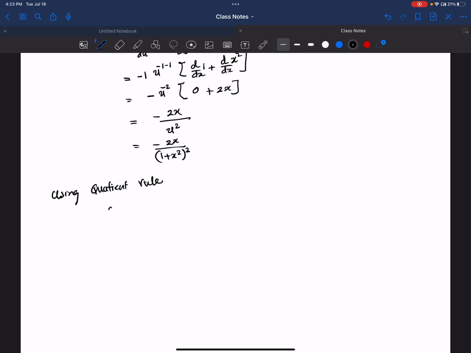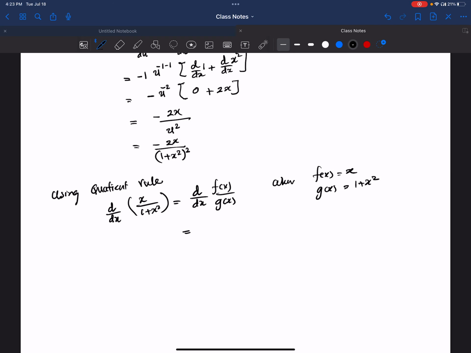So you have d over dx of x over 1 plus x squared, which is f of x over g of x, where f of x is x and g of x is 1 plus x squared, right?